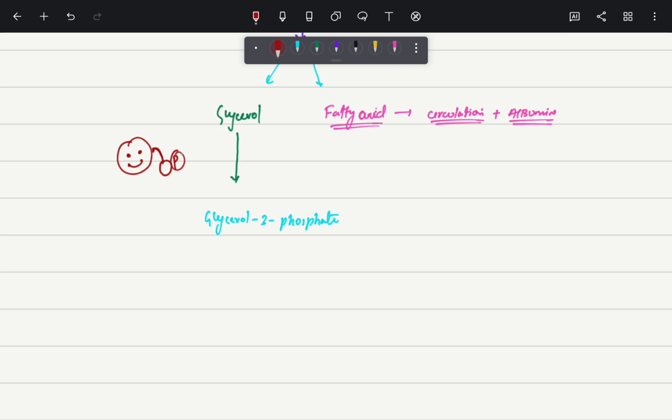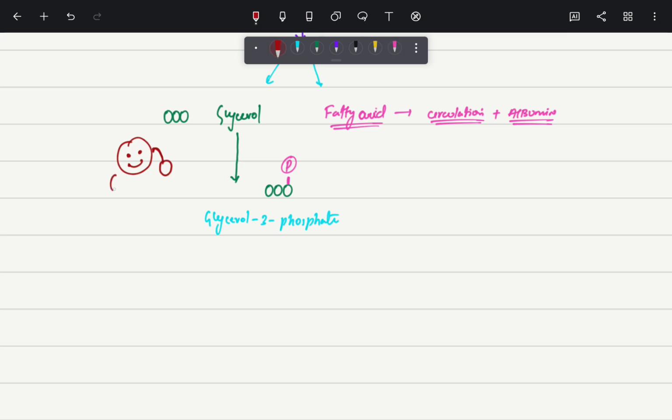Usually the function of a kinase enzyme is to put a phosphate on the glycerol. As I already told you, glycerol is a 3-carbon structure, 1 2 3. So eventually on the third position of this glycerol, a phosphate will be added.